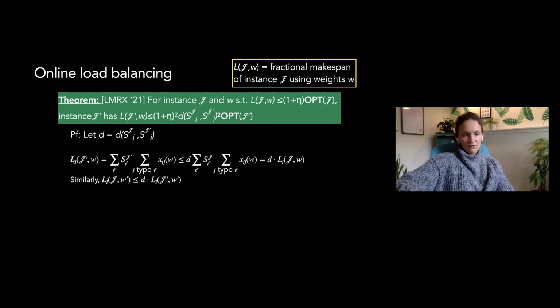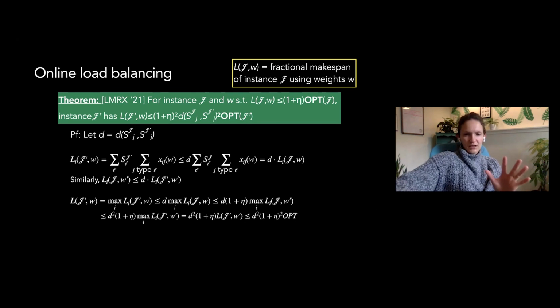And then similarly, if you're using the W weights for J prime, you can show that's at most D times the load on machine I using the W weights for J. And so I was just proving this result here.